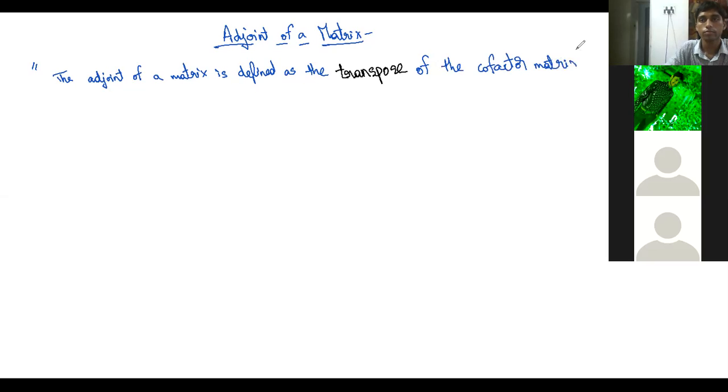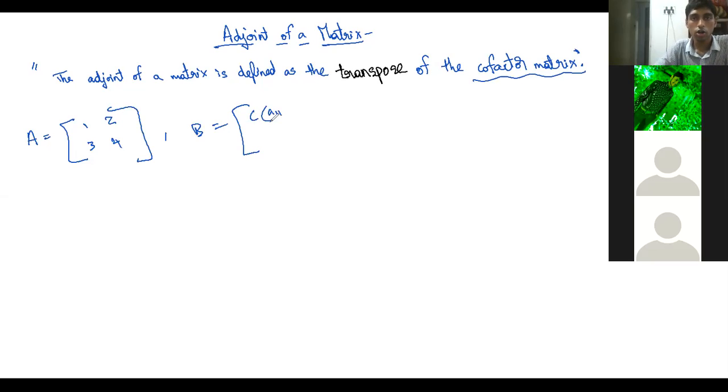What do you mean by cofactor matrix? A matrix where every element is representing the cofactor of the previous matrix. I'll give an example. If A is equal to 1, 2, 3, 4, then if B is equal to cofactor of A11, or in short C11, C12, C21, C22, then B is the cofactor matrix of A, and this implies B transpose is the adjoint of A.